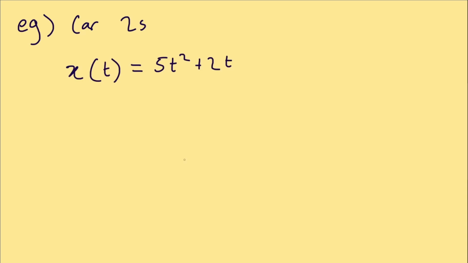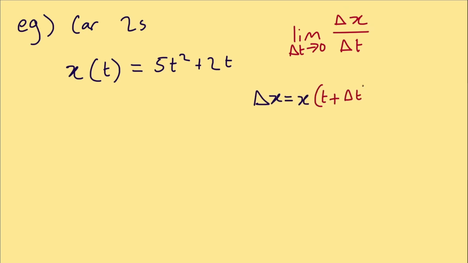Let's go through this together. So remember the definition. It's the limit as delta t approaches 0 of delta x over delta t. And really quick, we have to define delta x. Delta x, we will define it as x(t plus delta t) minus x(t).